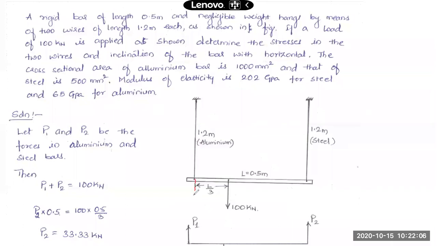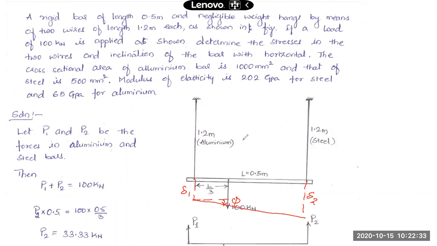You got that problem? What has been asked? Let's say if it is going to rotate like this, then you need to find this rotation. For that, what you require is the deformation in the aluminum bar and the deformation in the steel bar.